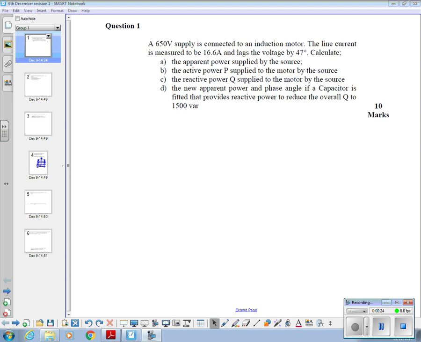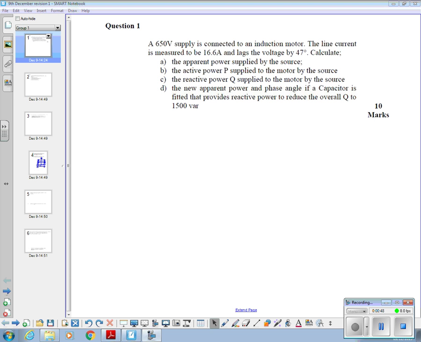We're going to calculate the apparent power supplied by the source, the active power P from the source, the reactive power Q, and the new apparent power and phase angle if a capacitor is fitted to reduce the reactive power overall to 1500 var.